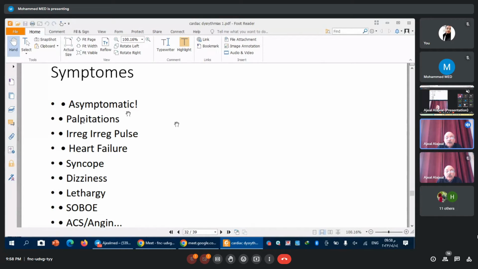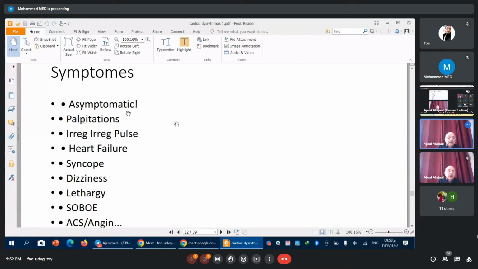A patient may present with heart failure, because a patient with compensated heart failure, if he develops AF, will go into a decompensated state. Syncope is common at the onset of AF, but not later. Very common at the onset.